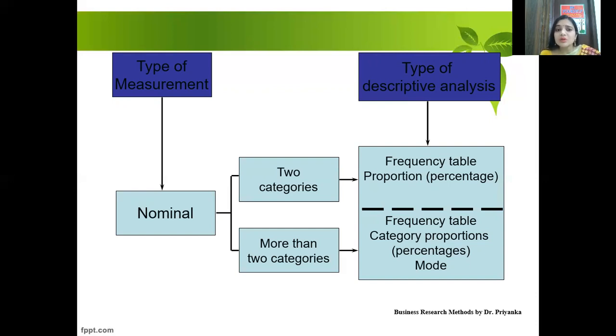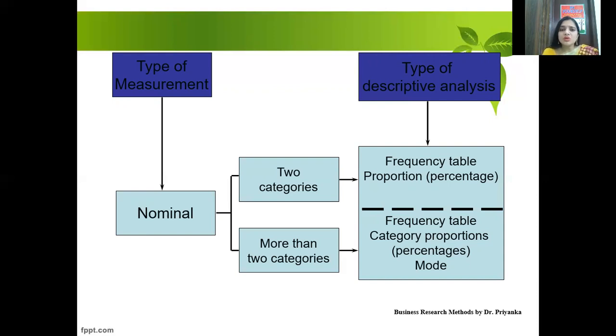That is basically called mode. Mean, median, and mode define the central tendency of any kind of data, and mode is the simplest one. You just have to find out which number is coming the maximum number of times.